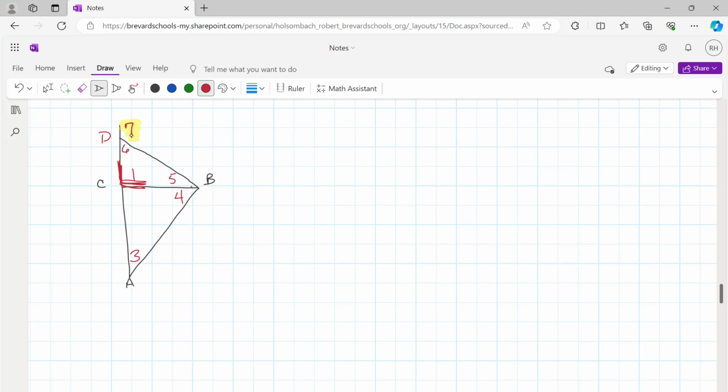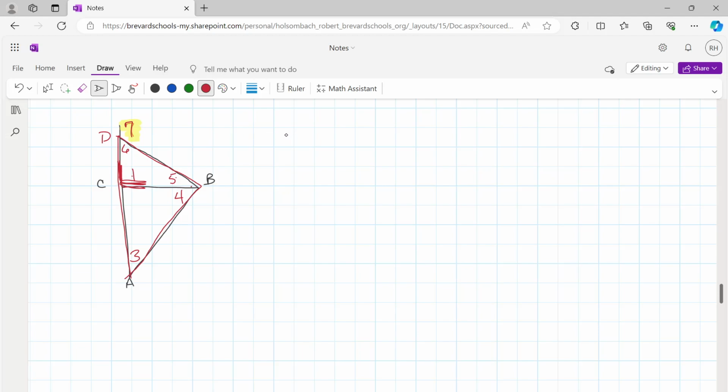We got triangle DCB, and isn't angle 7 an exterior angle there? And isn't it greater than angle 1 and angle 5? You guys see that? Okay. Now, 7 is also an exterior angle for this big triangle here, DBA. I hope you see that.